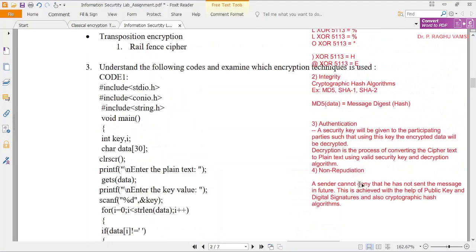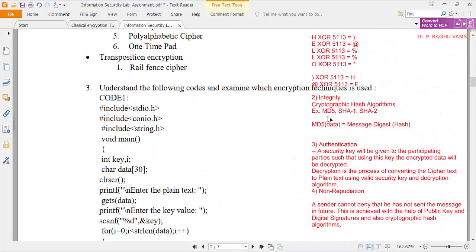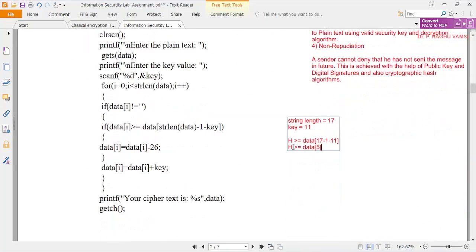What is data of 5? In "hello world", counting 0, 1, 2, 3, 4, 5, it is the white space. So H, the corresponding ASCII character, may be greater than or equal to this one.